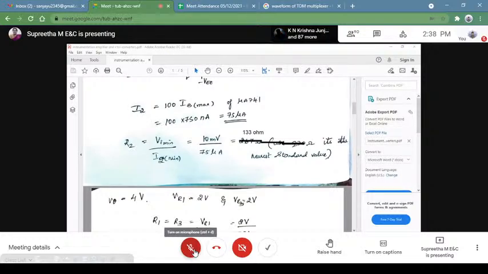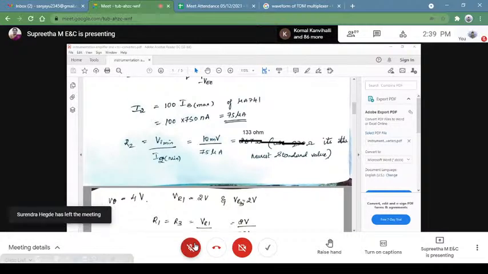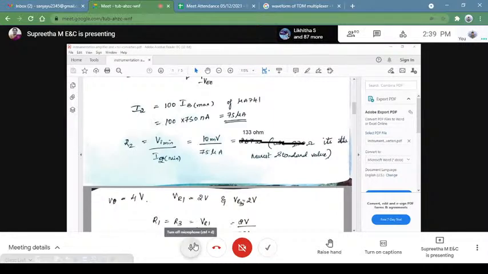So now, what is the gain of your circuit? We know what is V0 and what is Vin. So knowing V0 and Vin, can you find out what is the gain? 400. So V0 by Vin is 400. That is 4 volts by 10 millivolts.